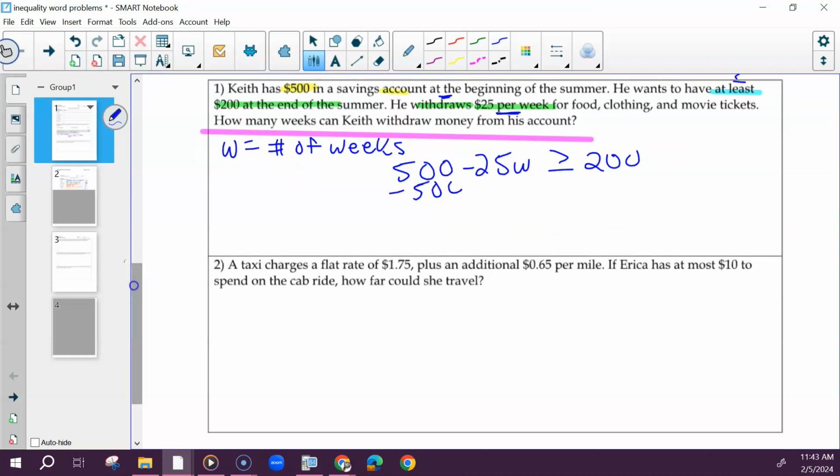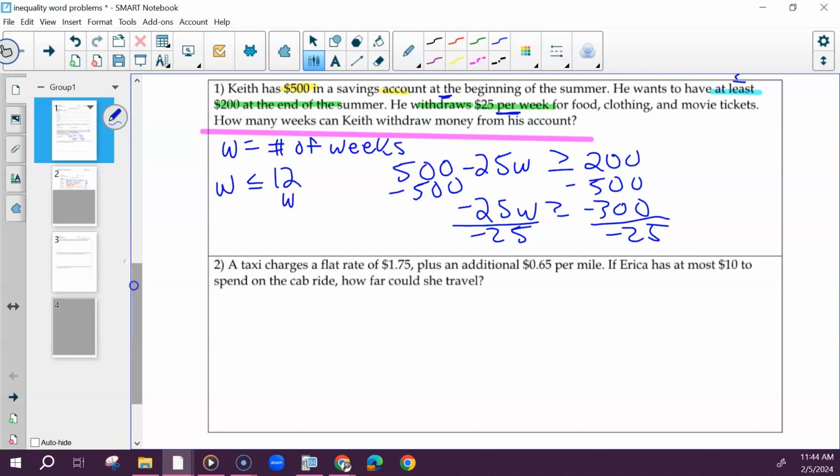Subtract our 500. And divide everything by negative 25. What happens when we divide here? The sign changes. So W is now less than or equal to, calculate that, tell me what the number is. 12. Was it 12 exactly? Yeah. Okay.